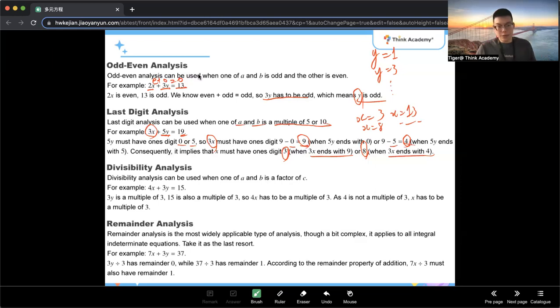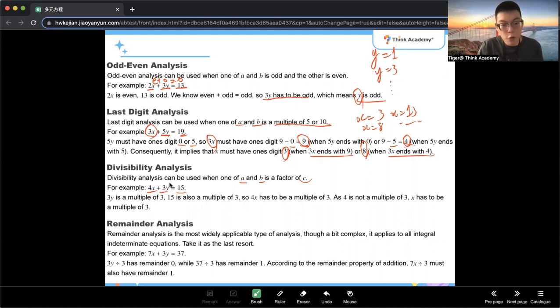And then for the divisibility analysis, you can think about it as a little bit alike the odd-even analysis. It can be used when one of A or B, which means one of the coefficients, is a factor of the constant term. For example, 4x adding 3y is 15. 3 is a factor of 15, right?